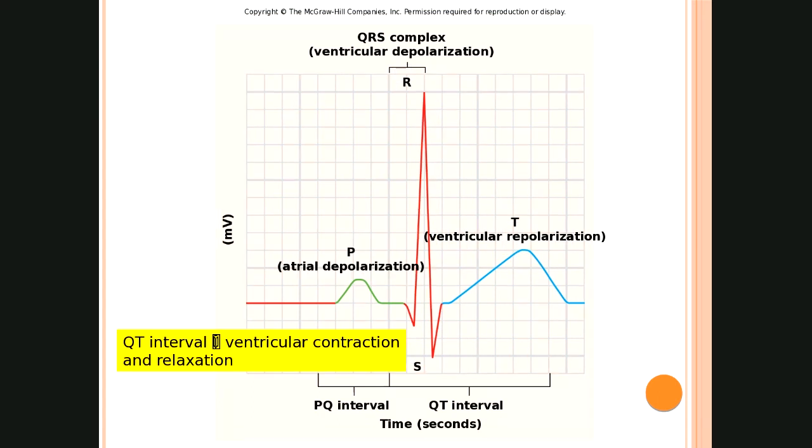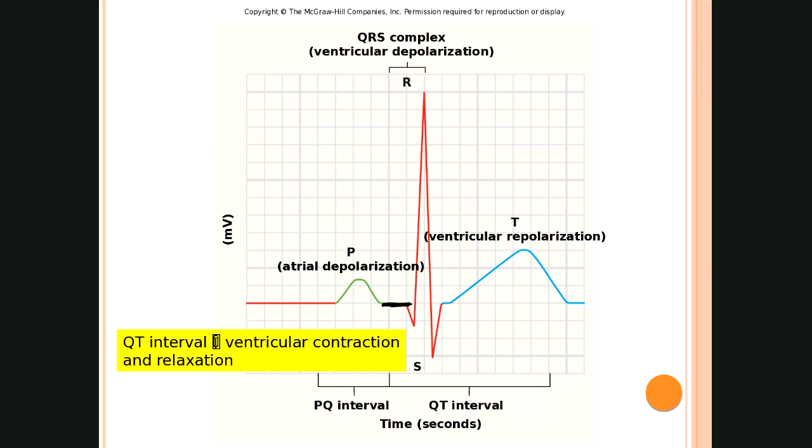If there is a block between the atria and the ventricle, the signal will take longer to travel. If there is some type of blockage, let's say some cells that have died, or some blood vessels that are not delivering oxygen to the area, causing cells to die, this interval right here will be increased because it will take longer for the action potential to travel from atria to ventricle.